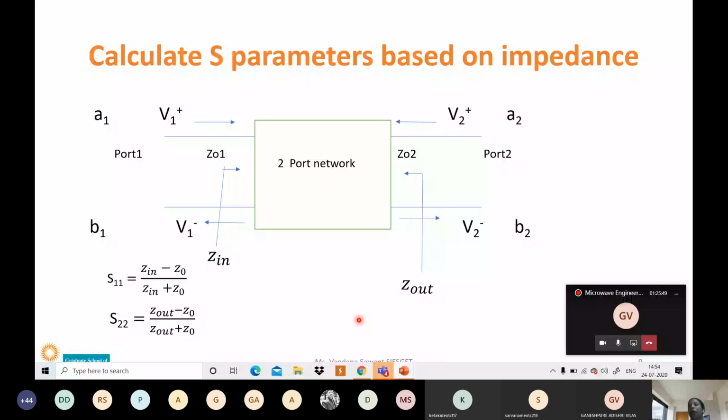If voltage values are given, that is, the reflected voltage and incident voltage at port 1, V1 plus, V1 minus, and V2 plus, V2 minus, then you can use the formula based upon V1, V2.